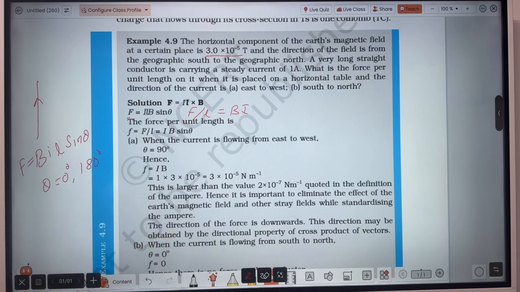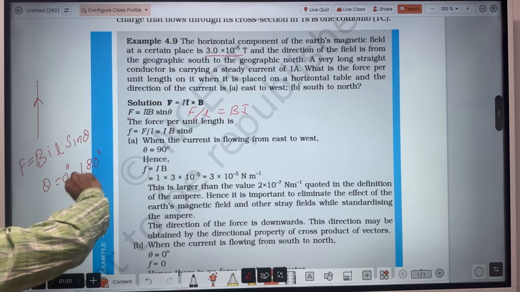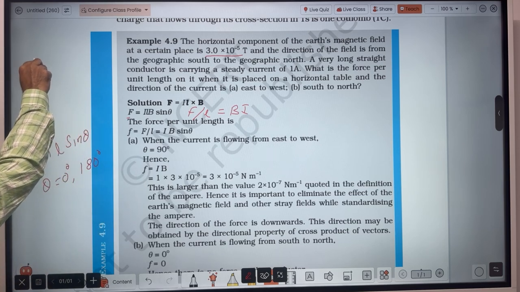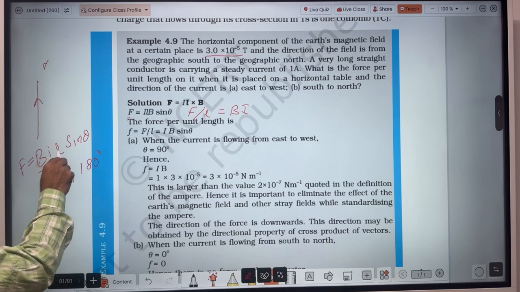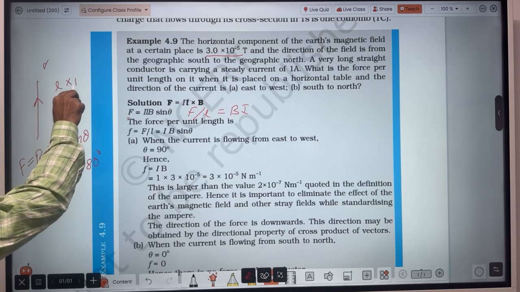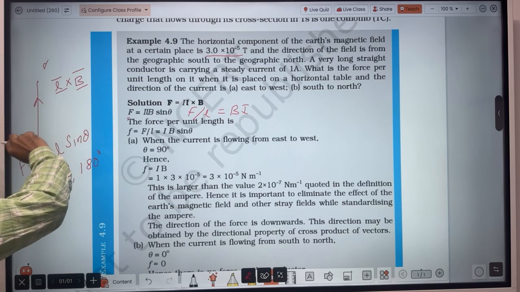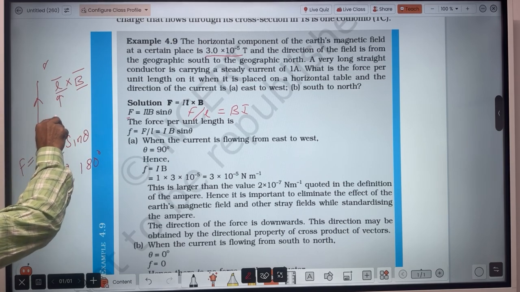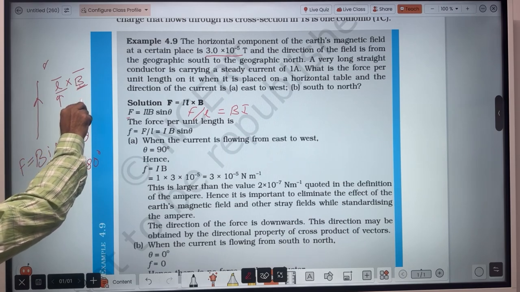This direction may be obtained by the directional property of the cross product of vectors, that you know. So I'm not going to tell you what a cross product is. Suppose here we are considering two quantities. One is L cross B, and if the direction of L is given and the direction of B is given, suppose length is along I cap and the magnetic field is along J cap.